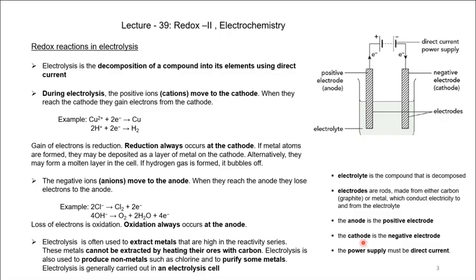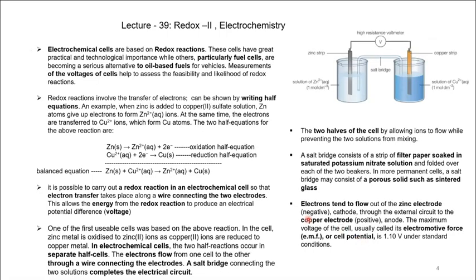Now we continue. We have to use electrochemical cells based on redox reactions. A part of it we have said in the last slide, but the details we are showing here, how it happens. Electrolysis cells are what we already said.